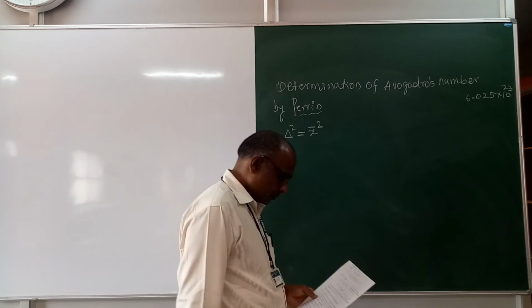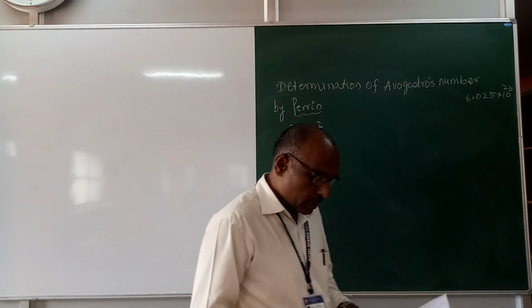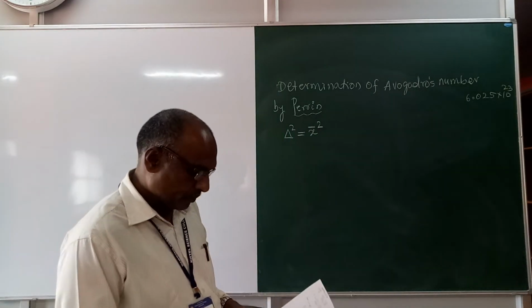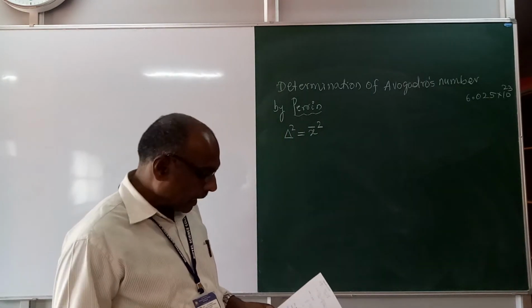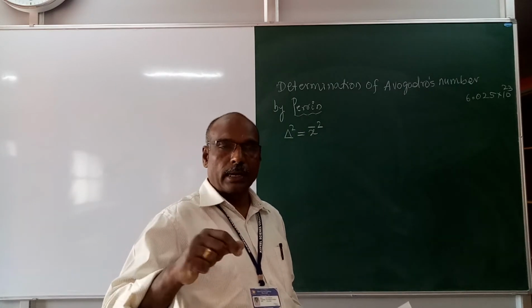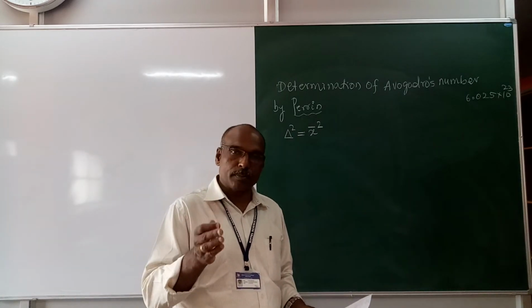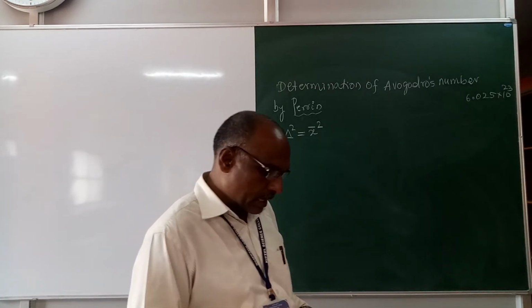Perrin used a high resolving power microscope fitted with an eyepiece scale. We have seen a microscope, but this is a high resolving power microscope, and for the eyepiece they have provided a scale.